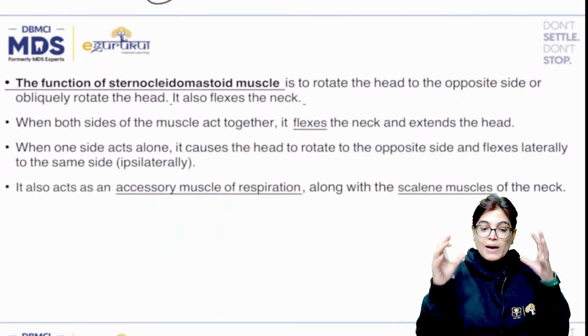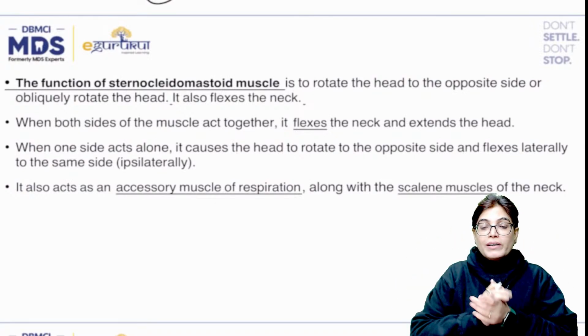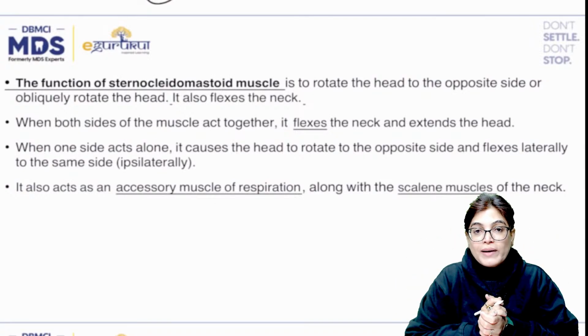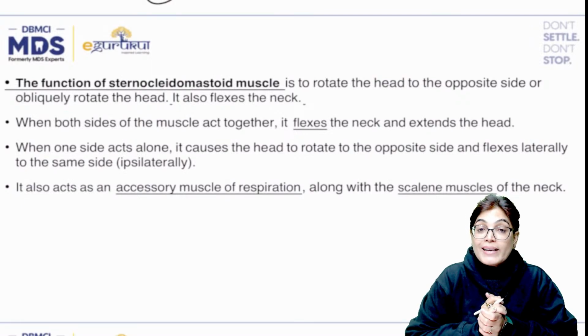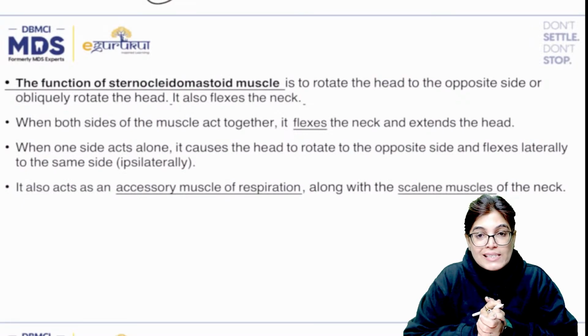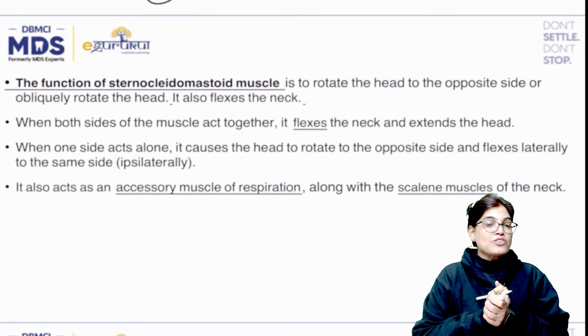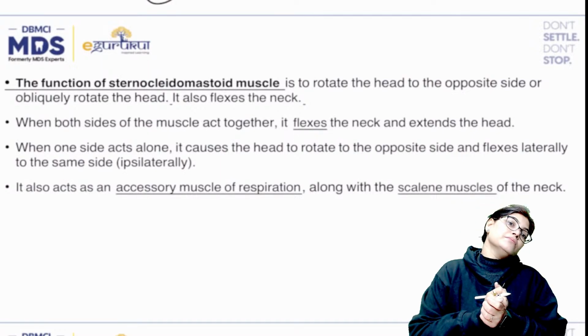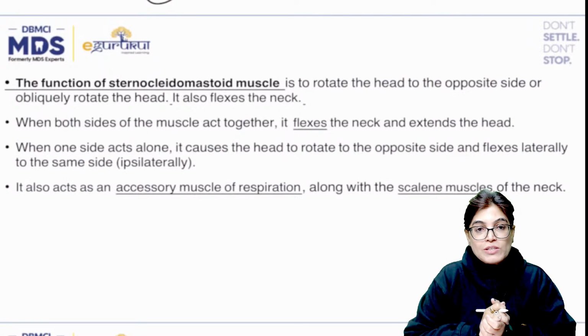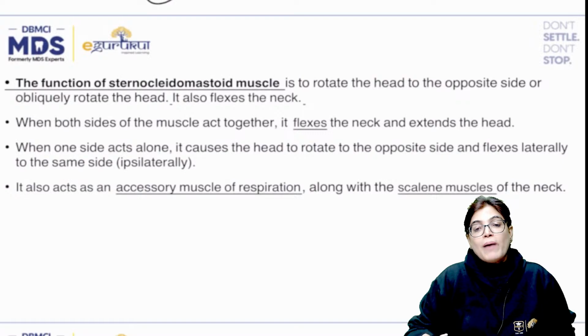For example, when there is bilateral contraction of the sternocleidomastoid muscle, you flex the neck and extend the head, and if unilateral contraction of the sternocleidomastoid muscle occurs, the head rotates to the opposite side and flexes laterally to the same side. So this is exactly the action which I am performing. This is the action of the sternocleidomastoid muscle. The nerve supply is the spinal accessory nerve.